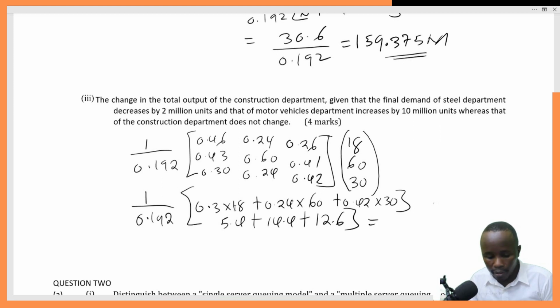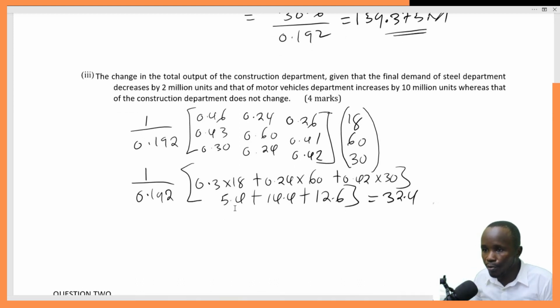Add all this, 12.6 plus 14.4 plus 5.4, and this gives 32.4.